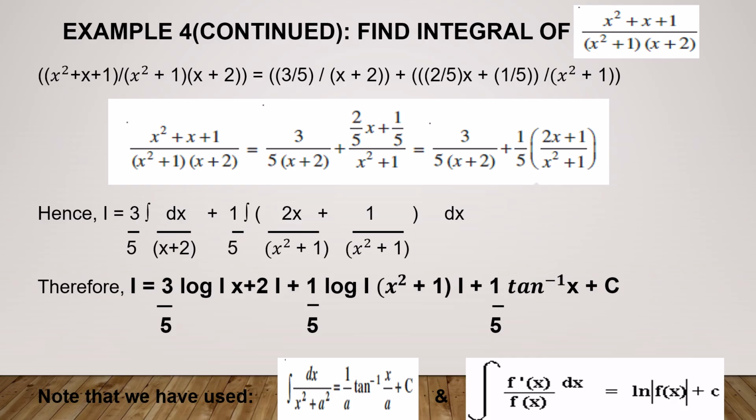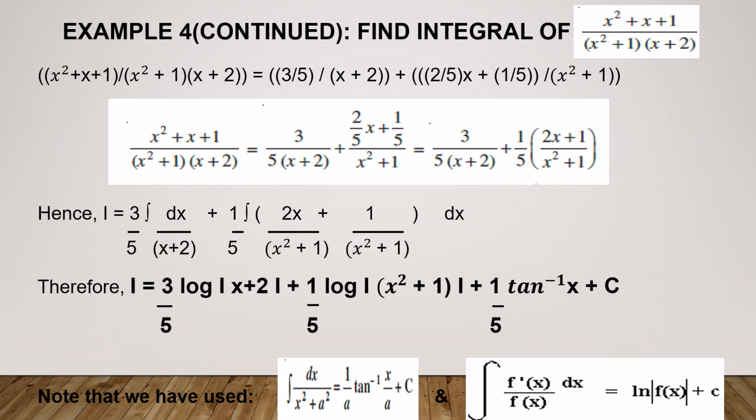Now the first term, 3 upon 5 outside, its integral will become 1 upon x type. So it will become log mod x plus 2. In the second term you are having 2x upon x square plus 1 type. Now remember, in the last video I told you a very important formula which is very useful in most of the examples. Integral of f dash of x upon fx is log mod fx.